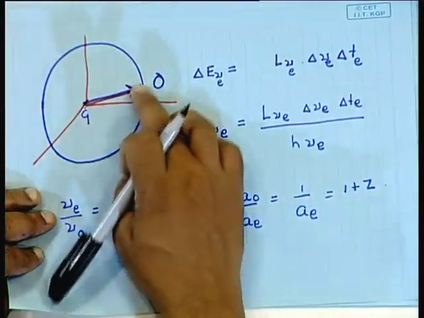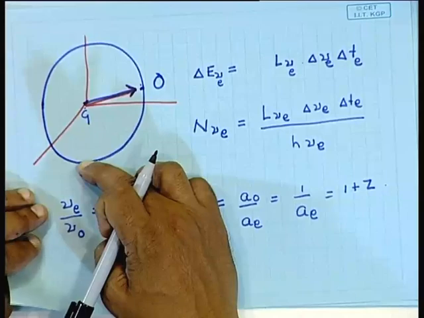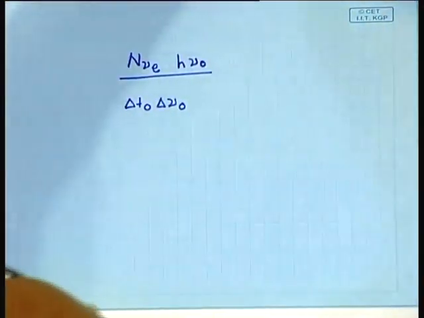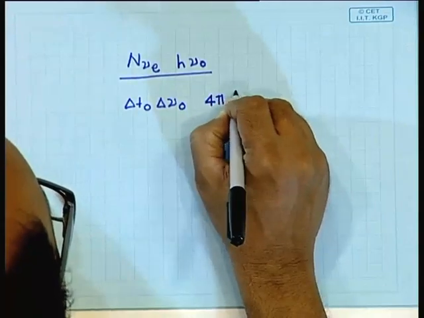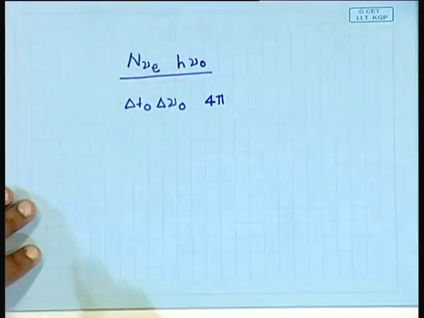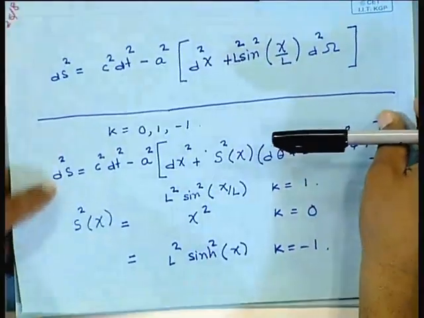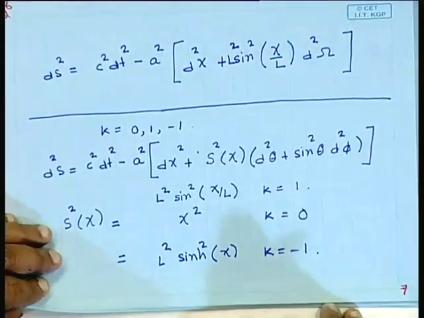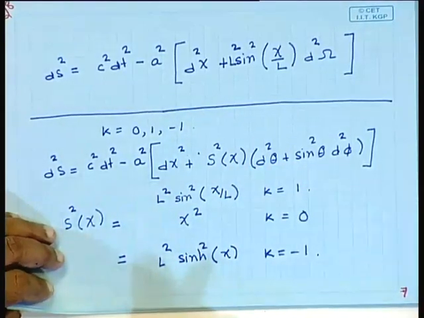Okay. And all the energy will be distributed over this sphere, the area of this sphere. Now, the area of this sphere is 4 pi into, so we want the physical area. So, the question is, what is the area of this sphere?